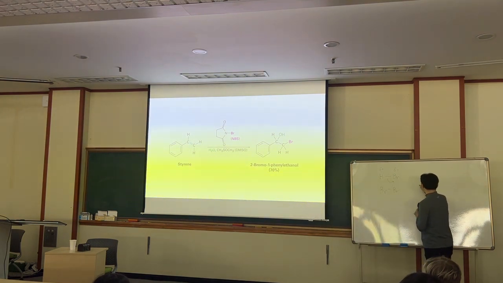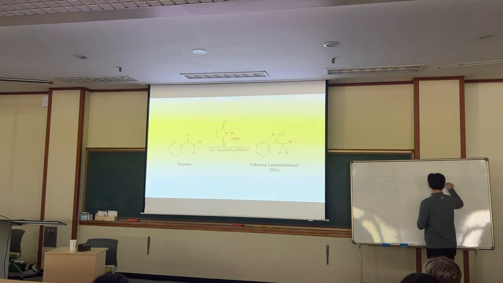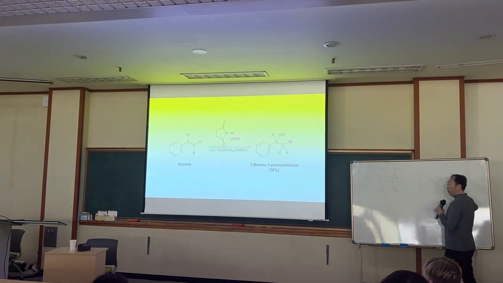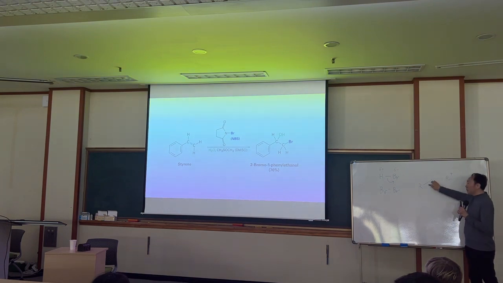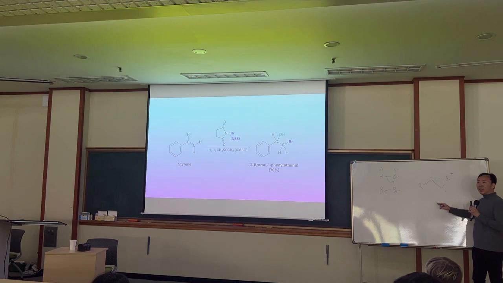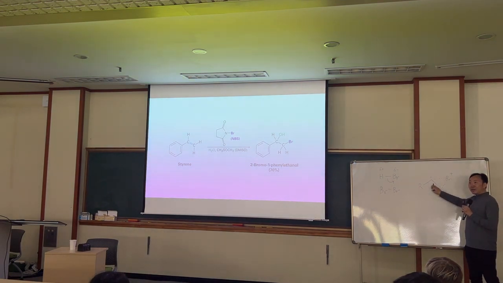The explanation is that even though it forms this kind of bromonium, it still prefers a little shifted position. This position is a little more positive than this position. Still, it has a partial carbocation character.